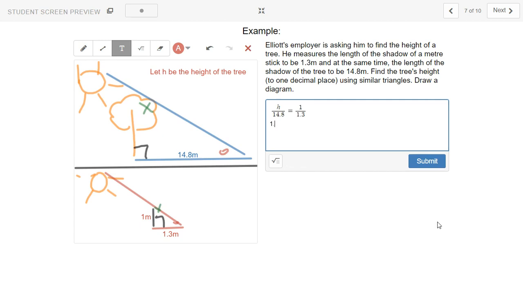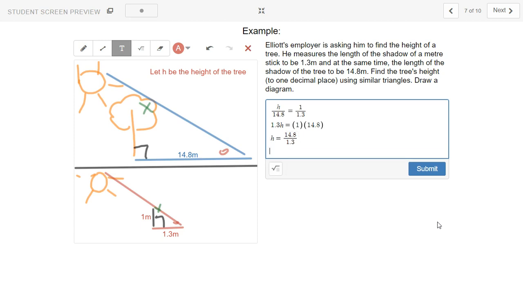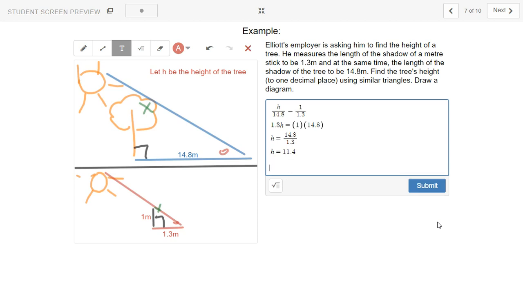Let's cross multiply. We have 1.3H is equal to 1 times 14.8. Now you don't have to write that one if you can see it. H is equal to 14.8 over 1.3. And we have H is equal to 11.4. So we used similar triangles to set up this ratio to find the height of the tree.